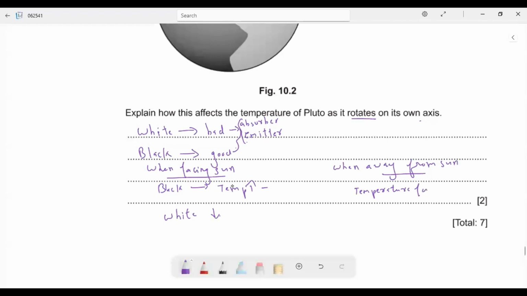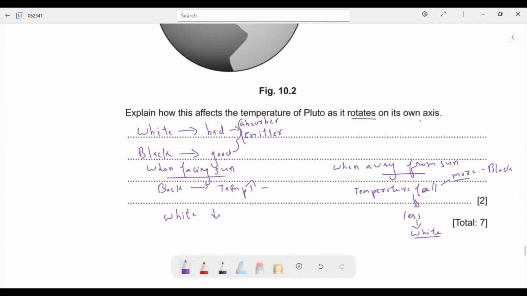The temperature fall will be more in the case of black surface and there will be less variation in the case of white surface. That is, black is a good absorber and emitter. So when facing the Sun, the temperature increase will be more. When away from the Sun, the temperature decrease will be more.